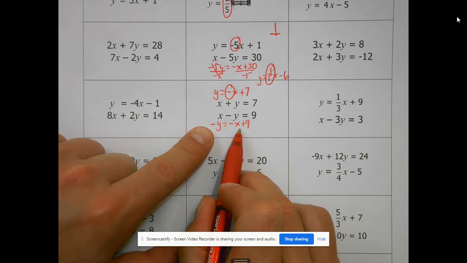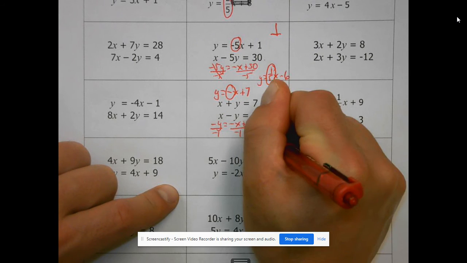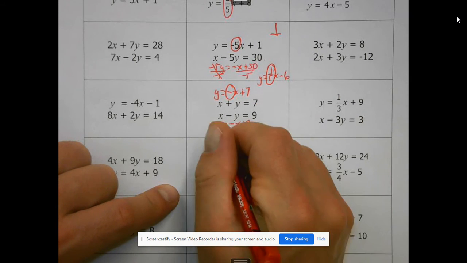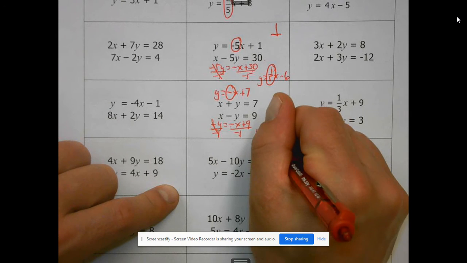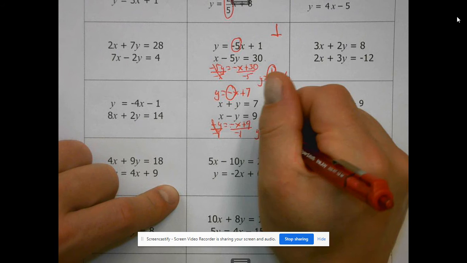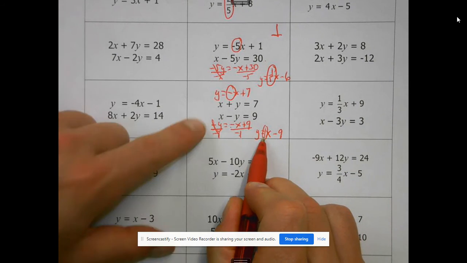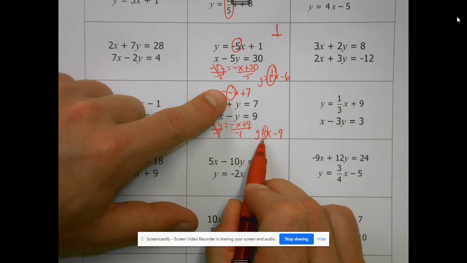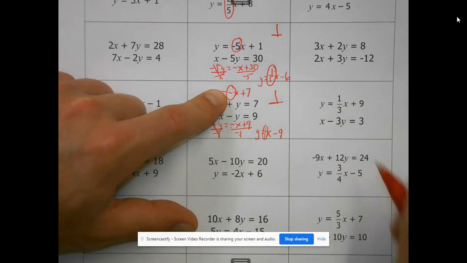Divide both sides by negative 1. -1 over -1 is +1, or just x. 9 divided by -1 is -9. The slope you can't see here is a 1. A 1 and a -1 are negative reciprocals. These are perpendicular.